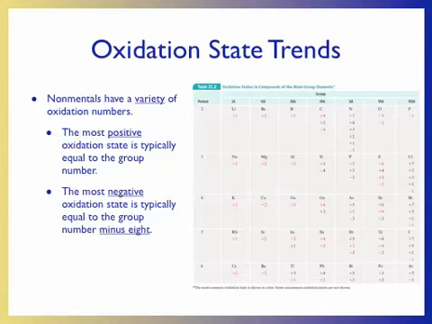Again, looking at group 5A nonmetals, you can see that the lowest oxidation state is -3. This is the group number 5 minus 8 electrons. Both the maximum and minimum oxidation numbers give these elements an electron configuration that is similar to a noble gas, thus making them stable.